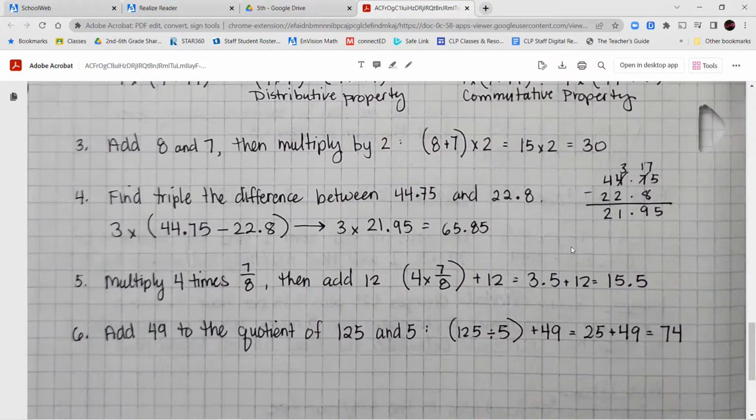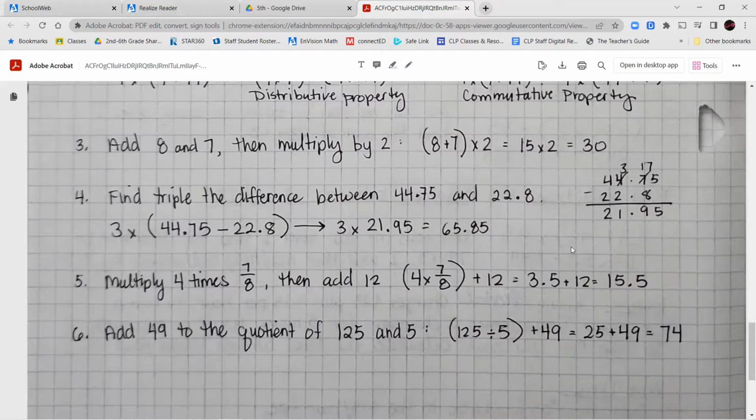So I'll do 3 times, in parentheses, 44.75 minus 22.8. Once I subtracted those numbers, I got 21.95 or 21 and 95 hundredths. And then I took that and I multiplied that by 3, and I found the total of 65 and 85 hundredths.